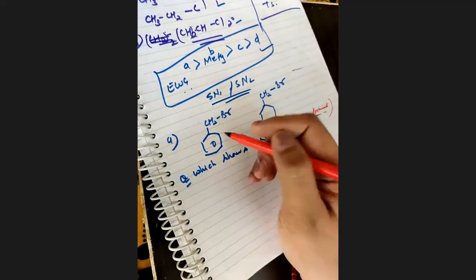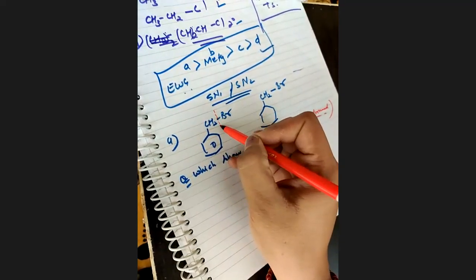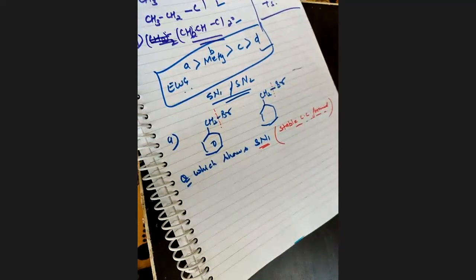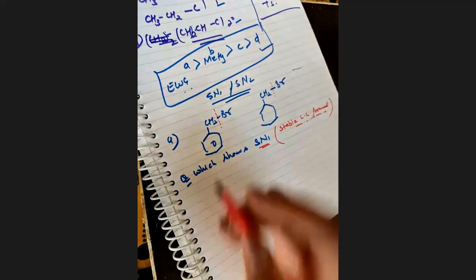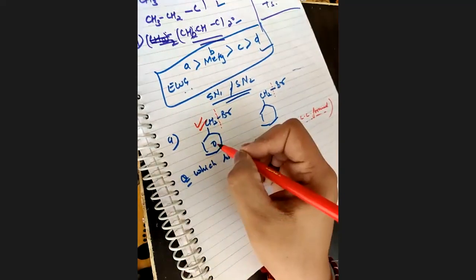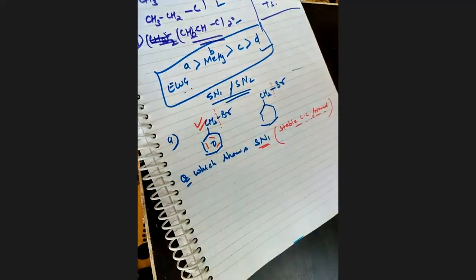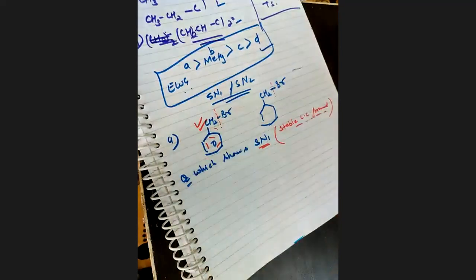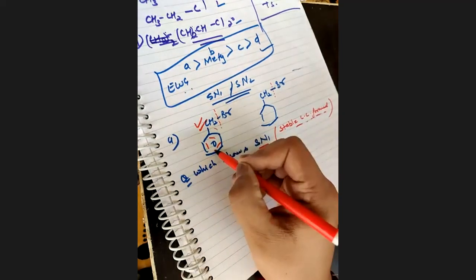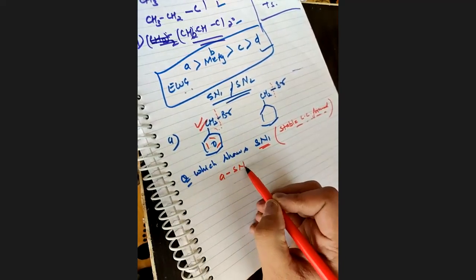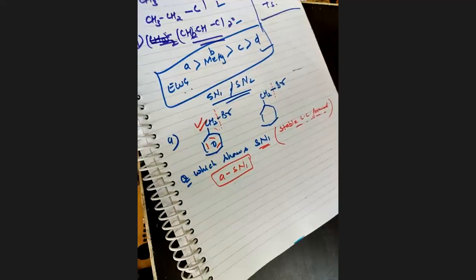So out of these, if we detach this bromine and this bromine, which will show a stable carbocation? This one. Since this is benzene and we know alternate bonds are there, shifting will happen and it will become a stable compound. So a stable carbocation is formed by A. So your A will show more SN1. Clear?